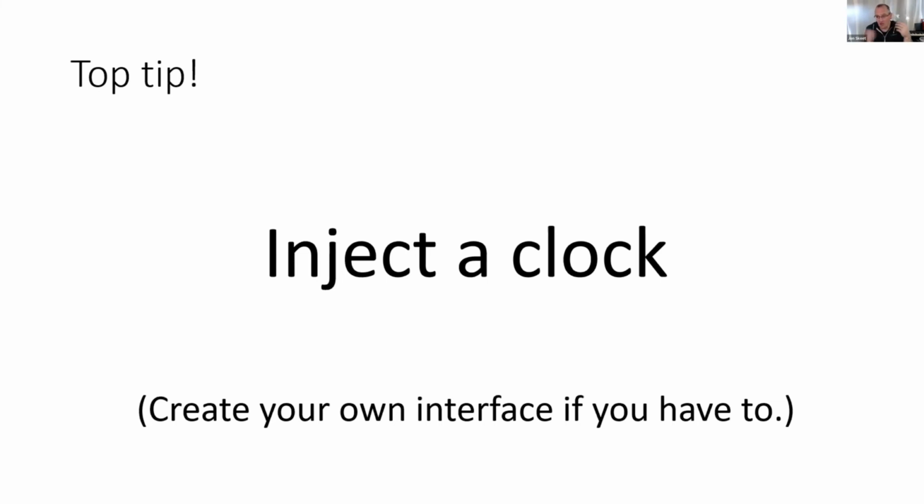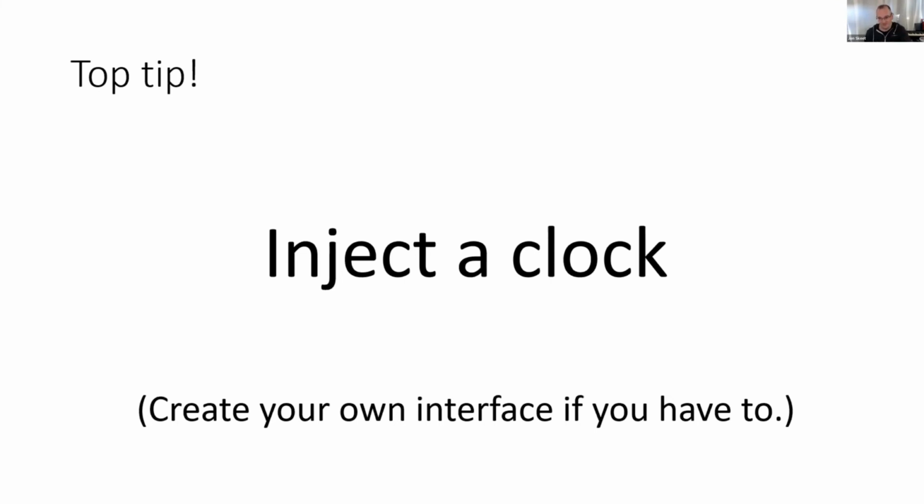And the idea is a clock is something that will tell you the current time. In Noda Time, it actually tells you the current instant, and that's all it will tell you. There's a zoned clock that has a calendar system and a time zone, so it can tell you the current local date time or zoned date time or local date or local time. But fundamentally, a clock is just something that knows the current instant in time.